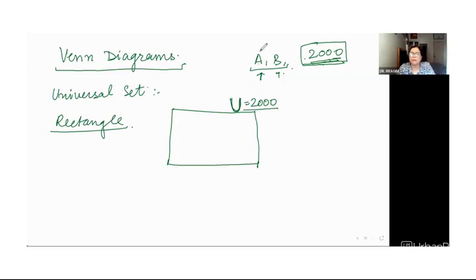Now, if we have a choice, we have to choose either of these two newspapers, right? How can we make these two into sets? The universal set is the biggest set. Now, if we have to represent A and B here, we can do it this way. One circle may be smaller, one may be bigger, that doesn't matter.